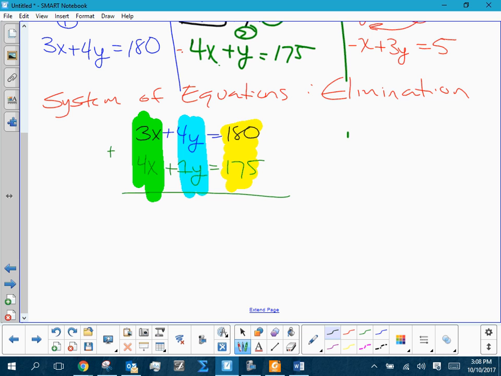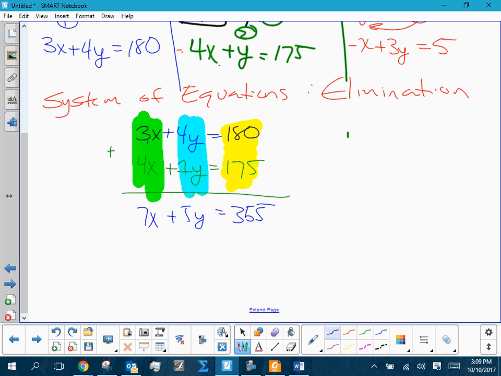If I'm going to use elimination, the word elimination means to get rid of, right? To eliminate, to cancel out. What we want to do is we want to add straight down. Okay, these columns. So there I get 7x, here I get 5y, and here I get what? 355. Okay? We want to add straight down.